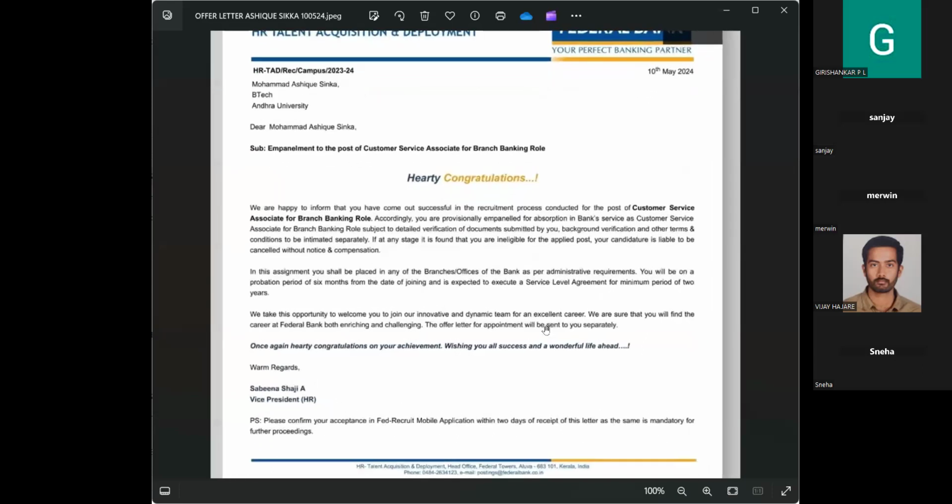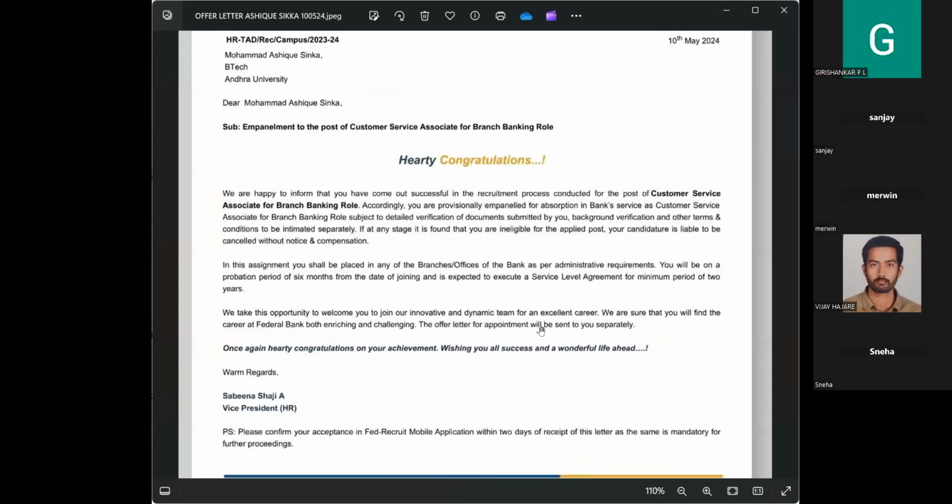We are happy to inform you that you have come out successful in the recruitment process conducted for the post of Customer Service Associate for branch banking role. Accordingly, you are provisionally empaneled for absorption in bank service as customer service associate for branch banking role, subject to detailed verification of documents submitted by you, background verification, and other terms and conditions to be intimated separately.